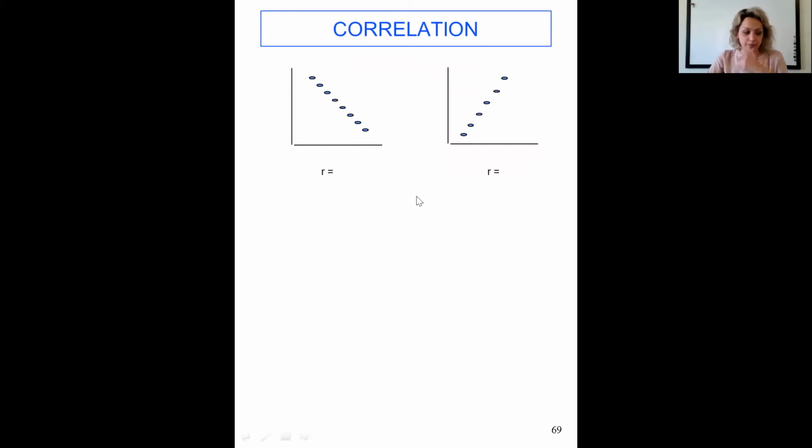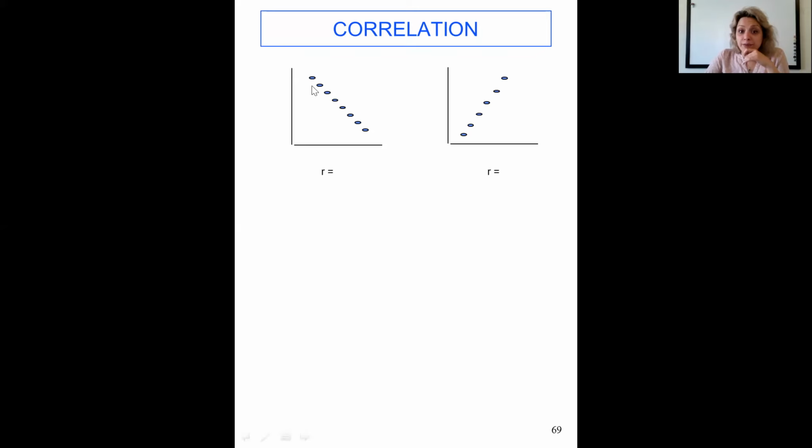So let's have a few examples. Here, the first one, if I ask you what's the correlation of this one, what would you say? You can pause the video and think about it. Go back and look at the equation that we had on the previous page, and then you can come back and watch the rest of the video.